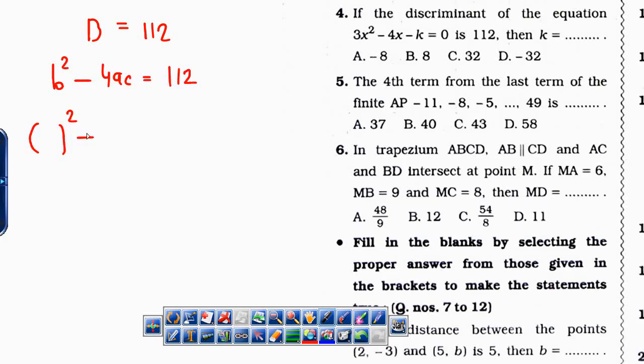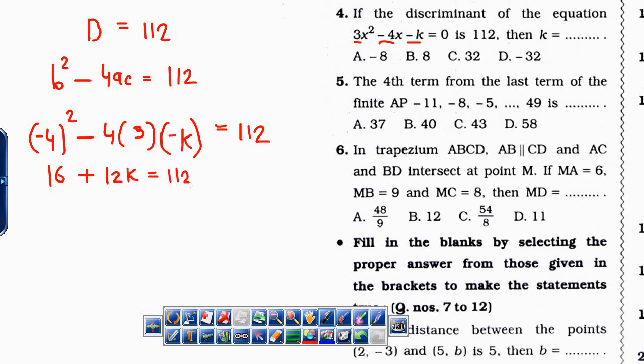Here b is minus 4, a is 3 and c is minus k. 16 minus minus plus 12k is 112. 16 will become minus on the other side. 96 divided by 12 is 8.